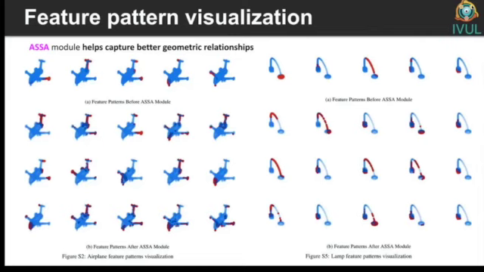We can find that after the ASSA module, the feature captures more relationships. For example, the head of the airplane, the wings of the airplane, and the tail of the airplane are captured at the same time. This did not happen in the patterns before the ASSA module.